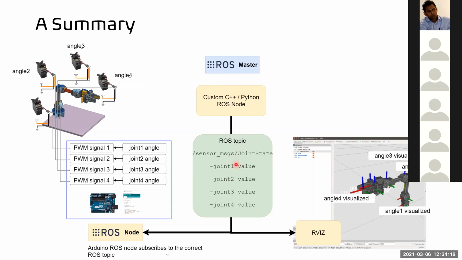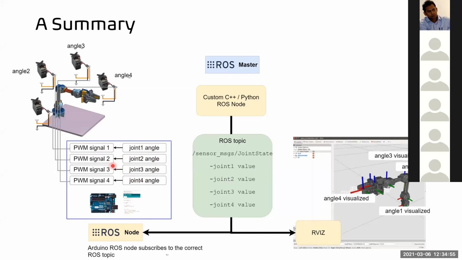The ROS topic will be published in the sensor_msgs/JointState special ROS topic type. Inside that, you will define the values: joint one value, joint two value, joint three value, and joint four value. This is the basic structure of a ROS topic. When you publish it like that, it can be easily subscribed to by this ROS node running on the Arduino. Inside the Arduino, all you have to do is convert the joint one angle into PWM signal one, joint two angle into PWM signal two, and so on.